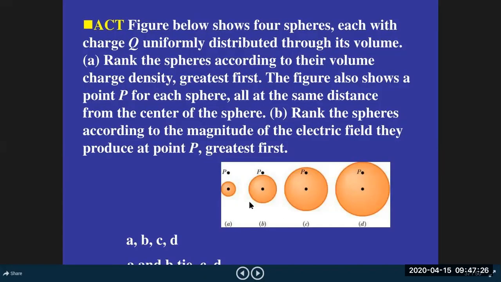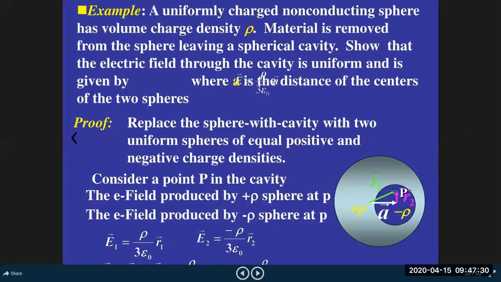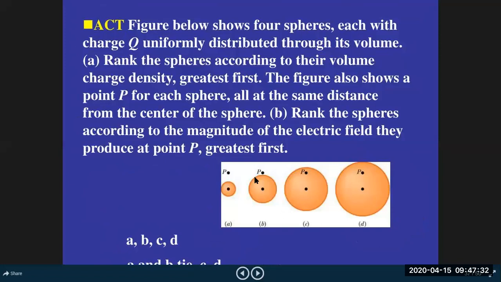So you have to conclude the result. Once again, rank the spheres according to the magnitude of the electric field they produce at the point. I have discussed a lot about that. After discussing, your answer will be: first A, B, and then C to D.